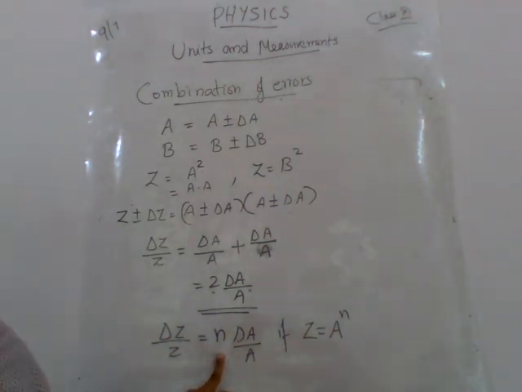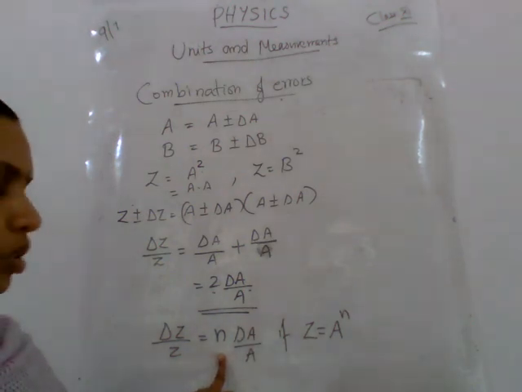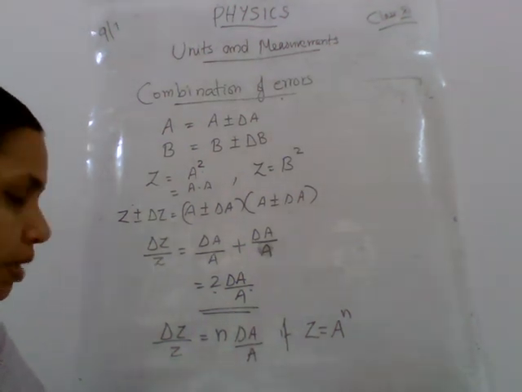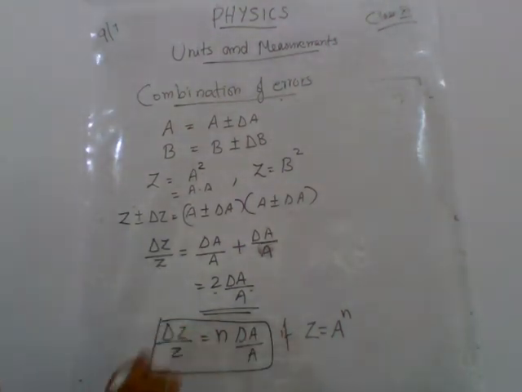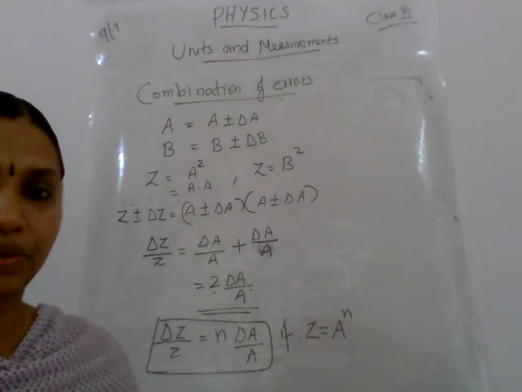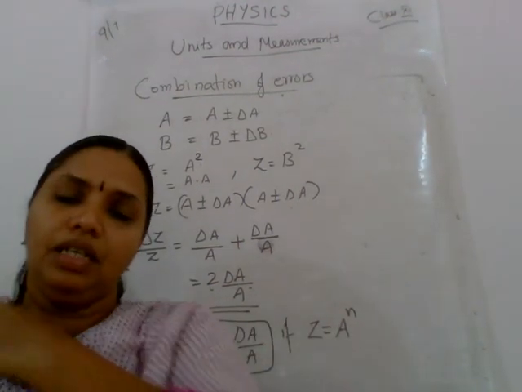Delta Z by Z is equal to n into delta A by A. In your textbook it is taken as k, no problem, any variable.